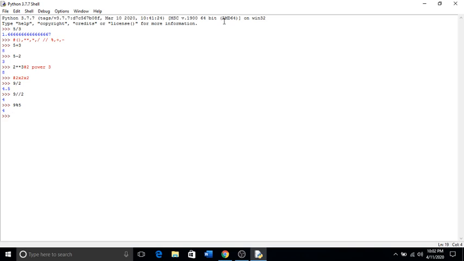So we have gone through the basic operators. Now we will see how we can apply them. First one, I'll take 5 plus (7 minus 3) 2. Here it will display a syntax error, because we haven't used any operator.